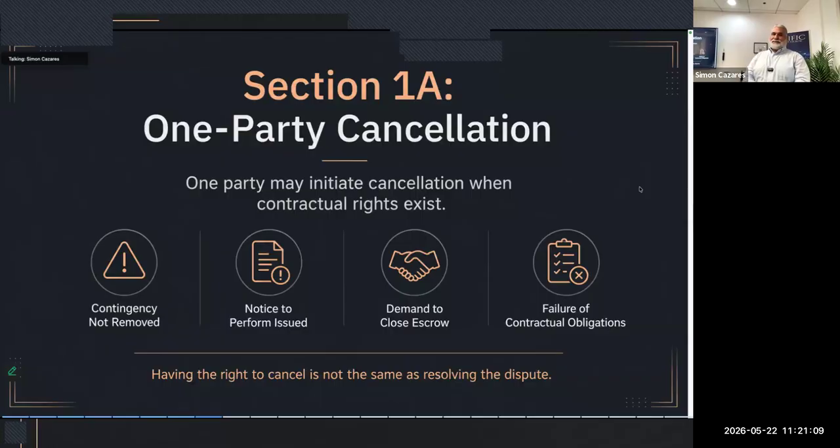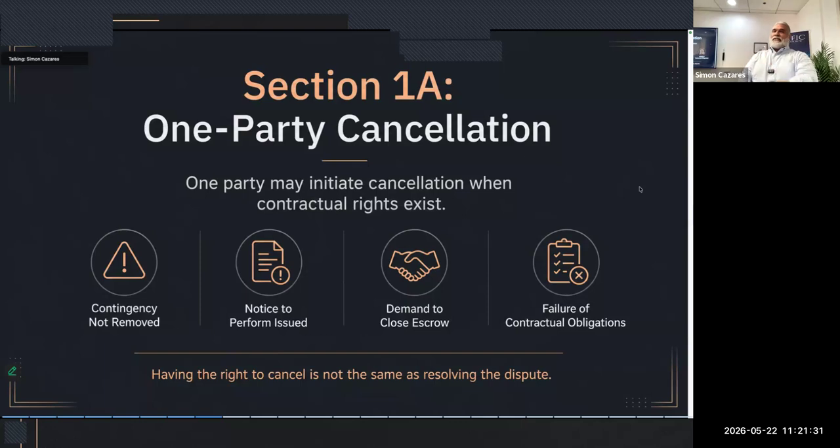Is any cancellation bilateral? What do you mean? Require both seller and buyer signature? Oh, yeah. So to answer your question, yes.